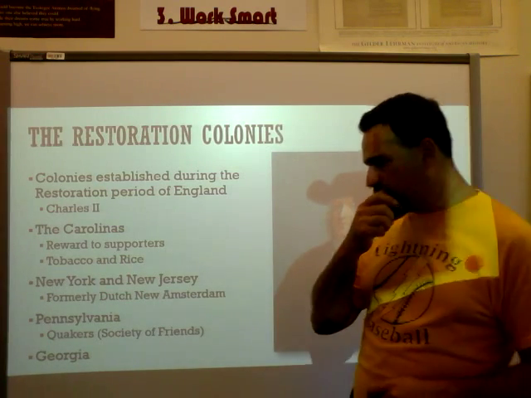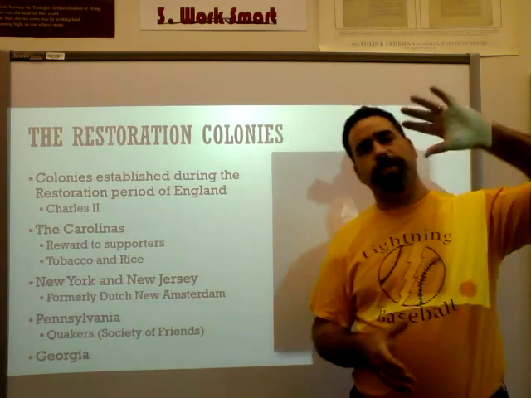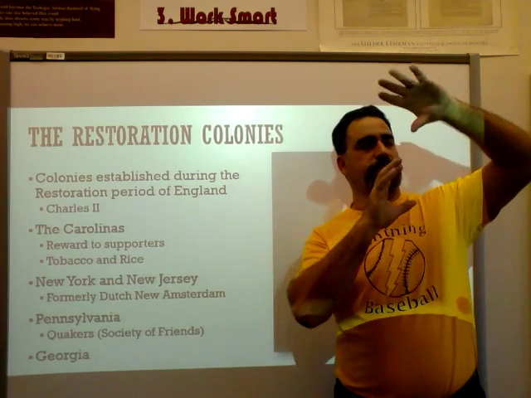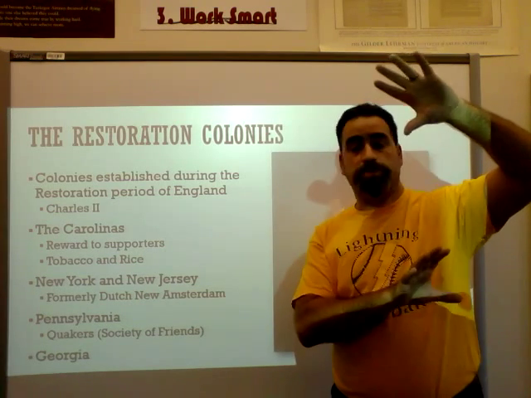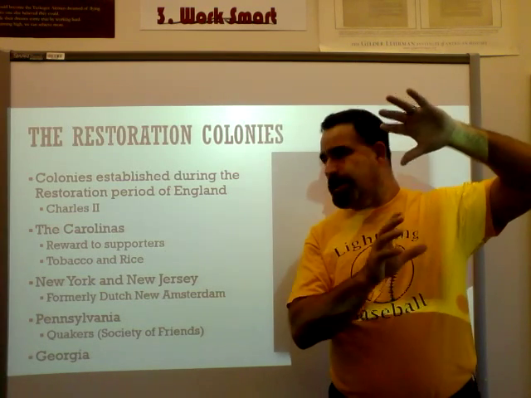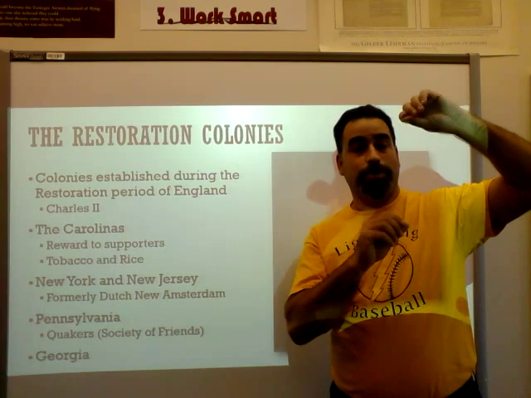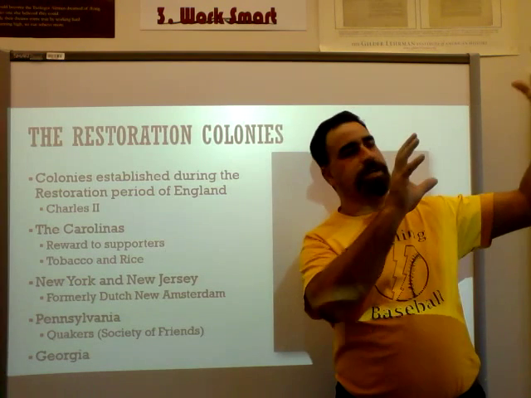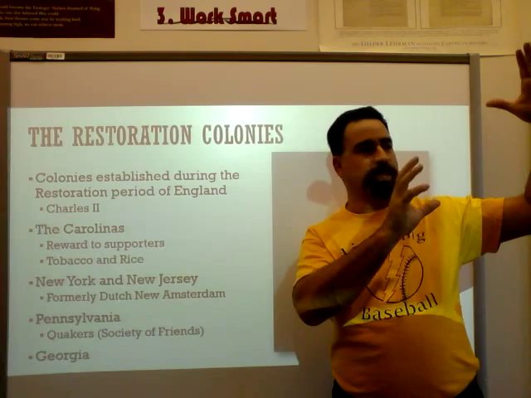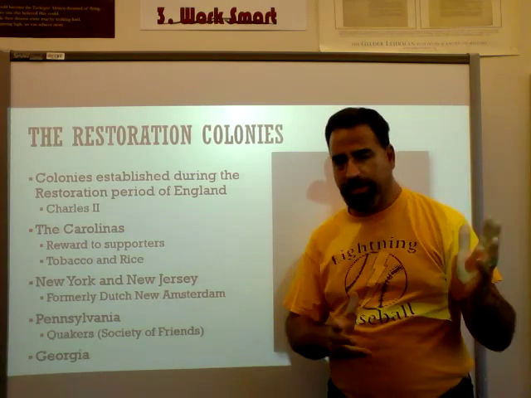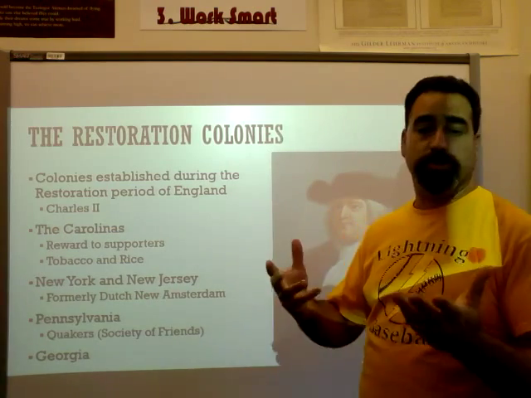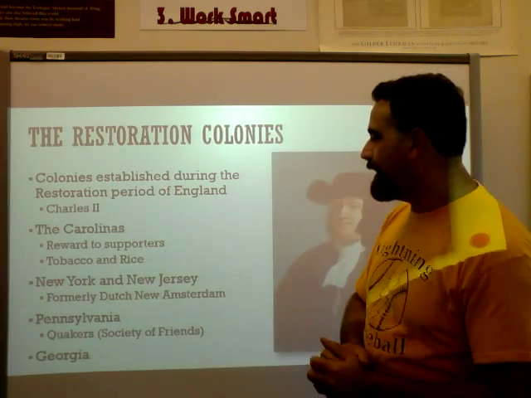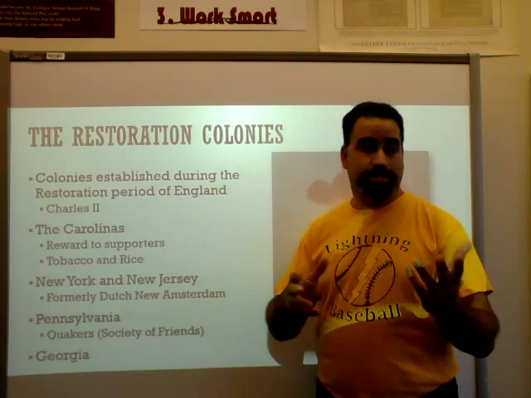Also, Charles II noticed another problem. Right in between New England and the Chesapeake colonies and his Restoration colonies in the South, he noticed that, well, wait a minute, there's a Dutch colony there called New Amsterdam, and it's kind of inconvenient. So we need to kind of get rid of that. So of course he gets one of his admirals to go down there and ask the Dutch to leave.